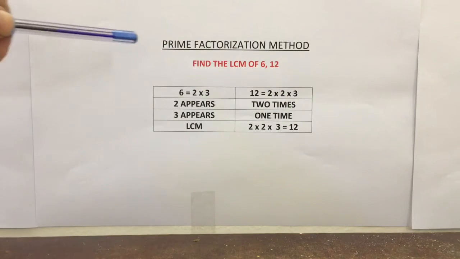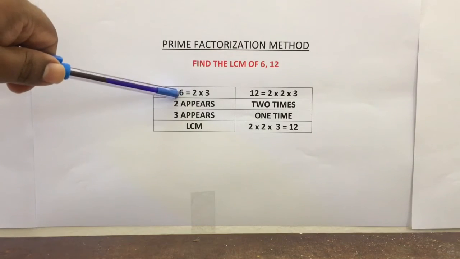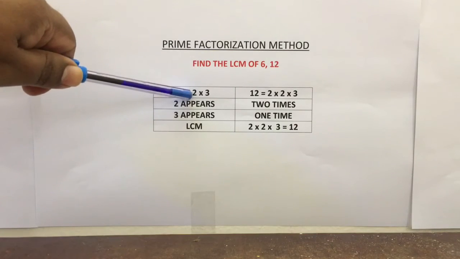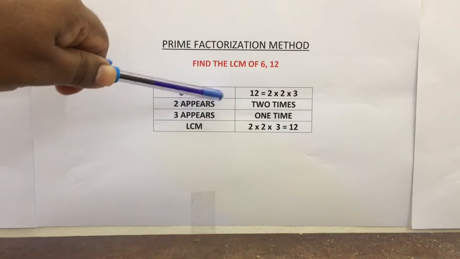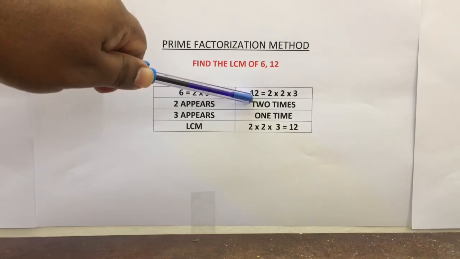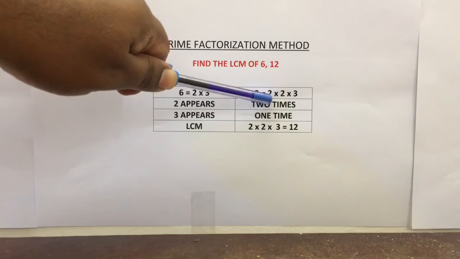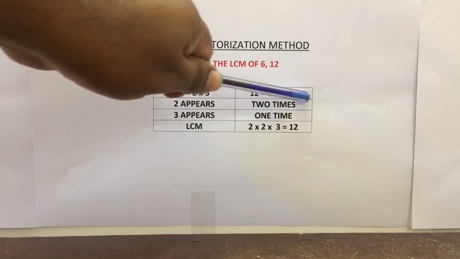The second method is the prime factorization method. First I write 6 in terms of prime factors. 6 equal to 2 into 3. Next I write 12 in terms of prime factors, that is 12 equal to 2 into 2 into 3.